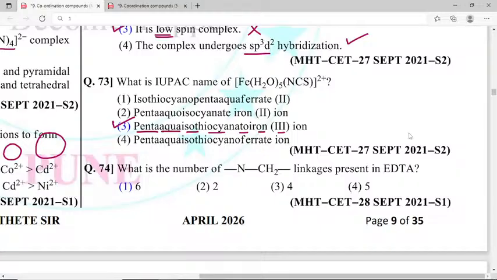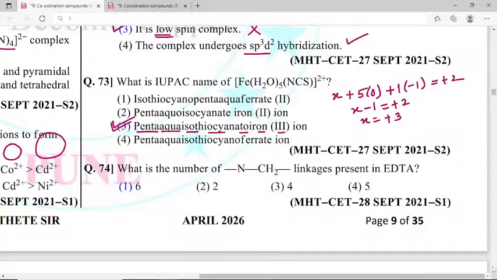Fe has the value X, plus 5 times water, which is 0, plus NCS, each having the value minus 1, equal to plus 2. So X minus 1 is equal to plus 2. So X is equal to plus 3. So correct, this is your answer.